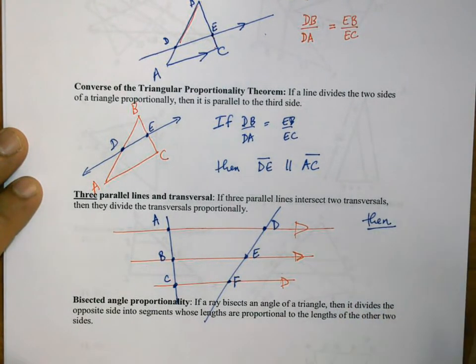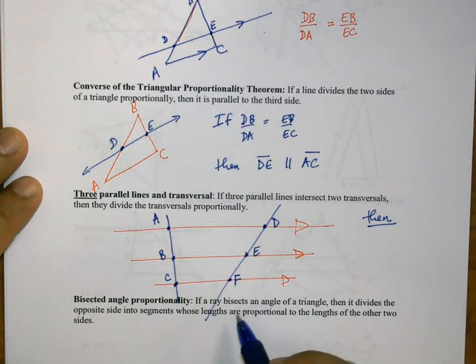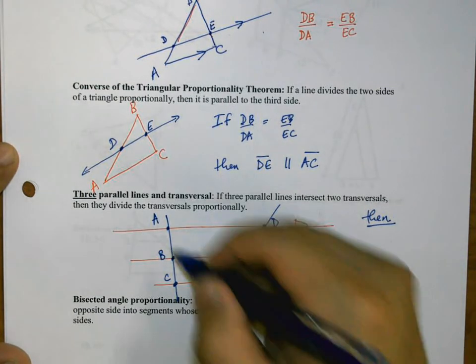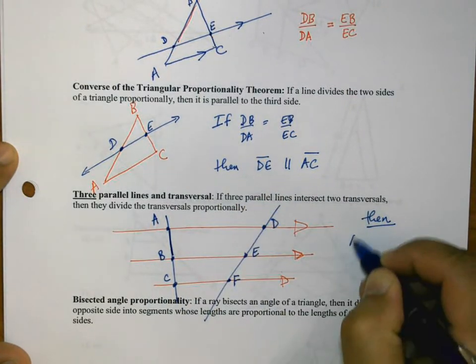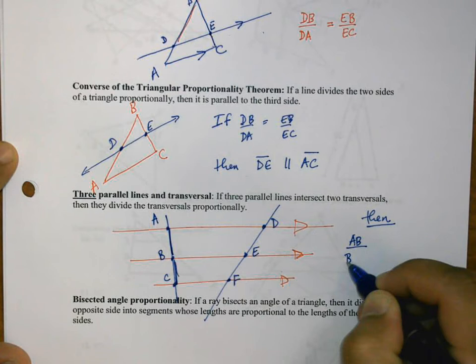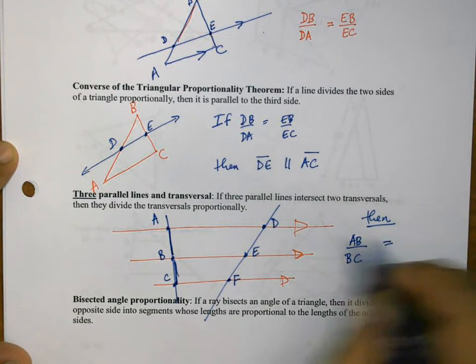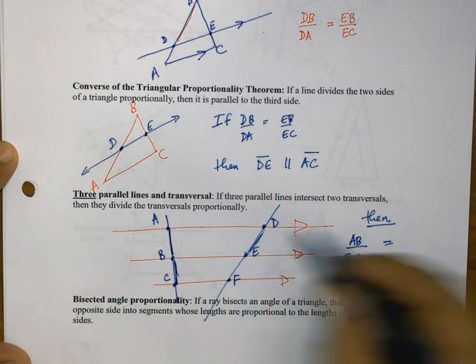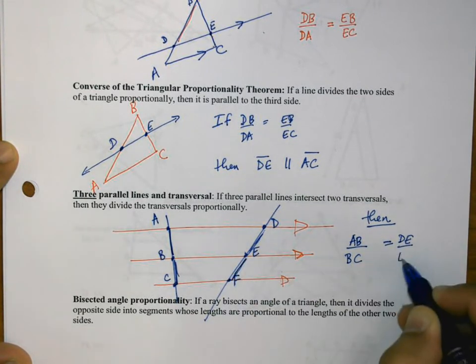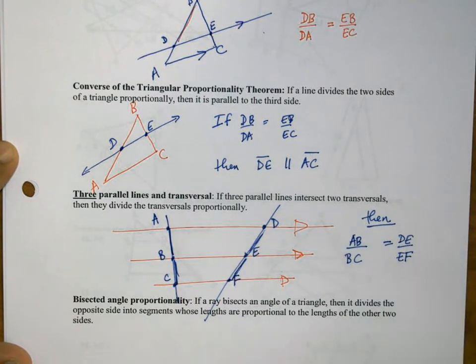So what this theorem says is that if you have this situation, then there is a proportionality that exists within these particular blue segments. So if we were to compare AB and BC, that would be exactly equal to DE and EF. Okay, that's what this theorem says.